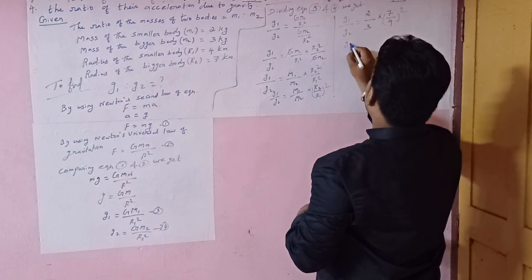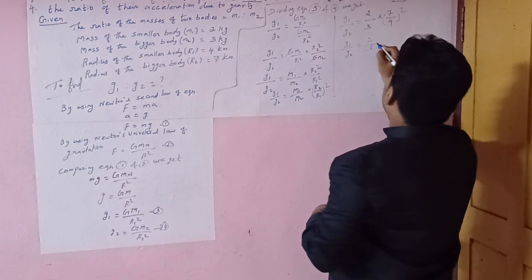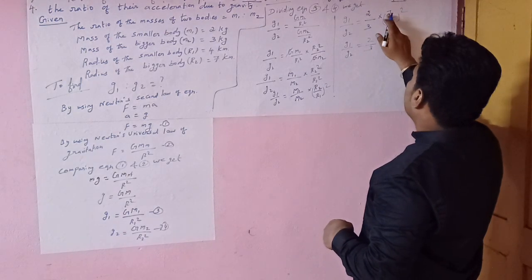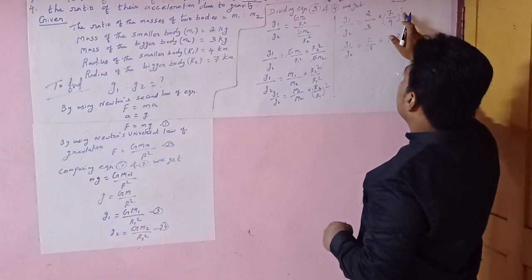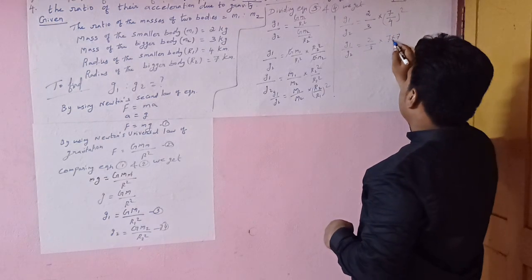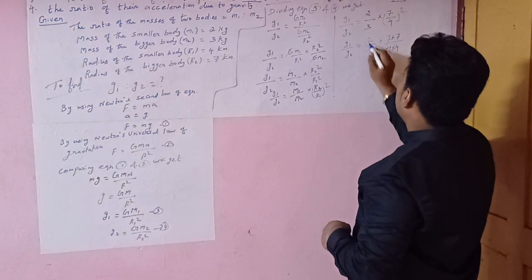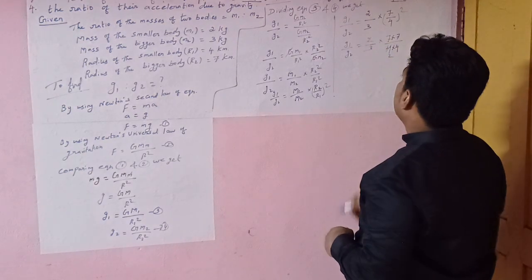So g1 divided by g2 equal to 2 by 3, and we have to split the value, since it is a whole square: 7 by 4 into 7 by 4. So we have to cancel each other in the denominator and divide the value.